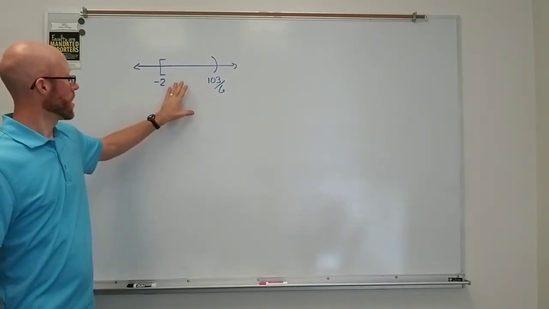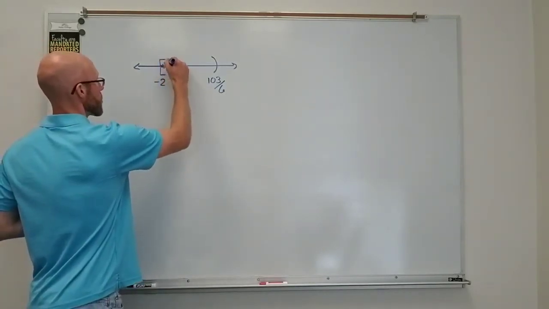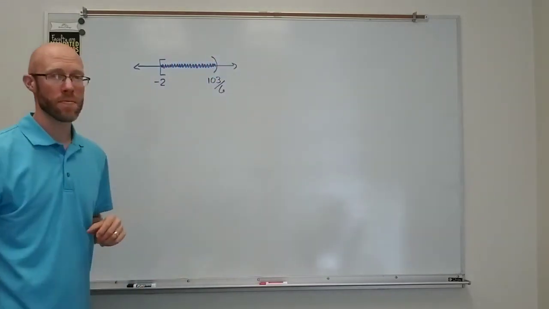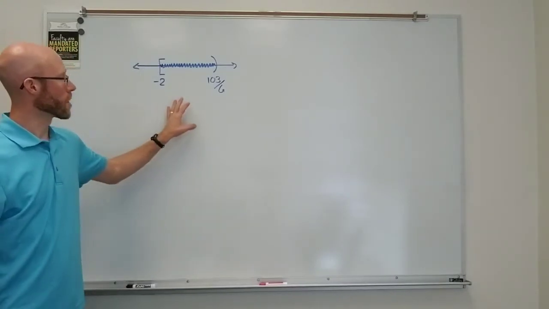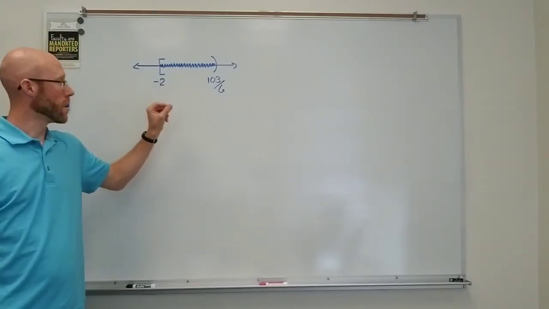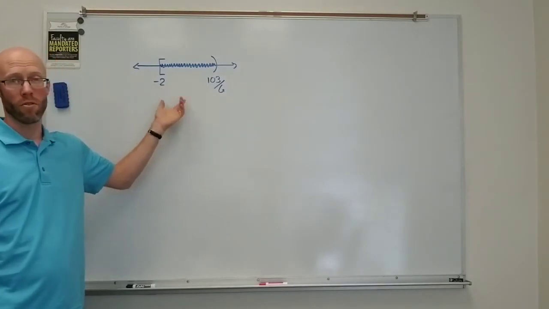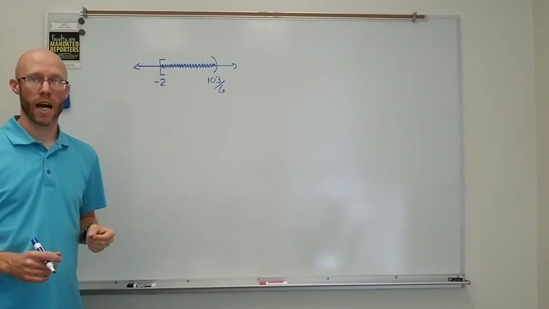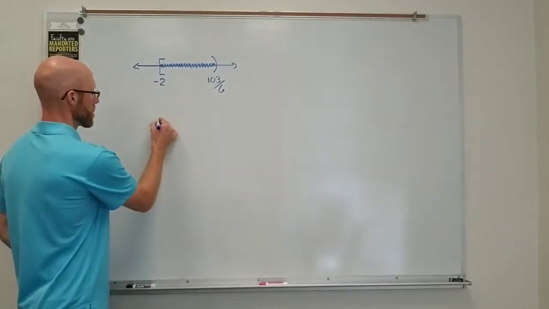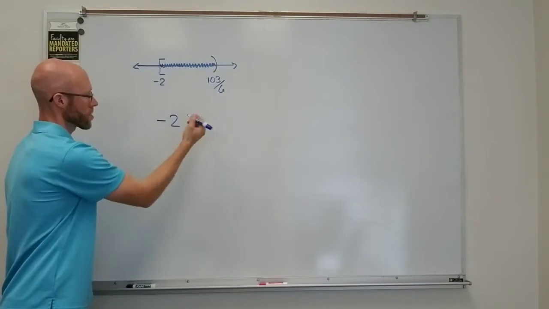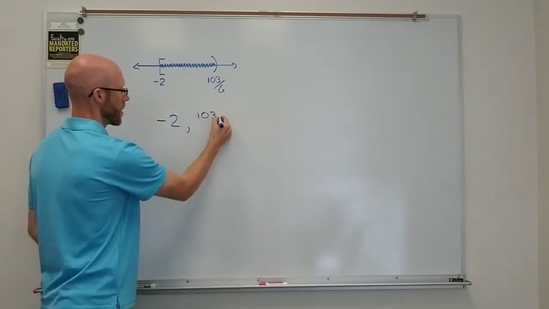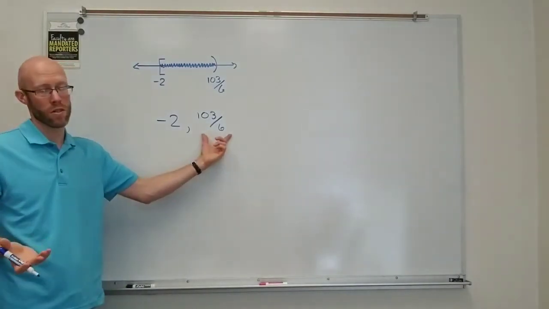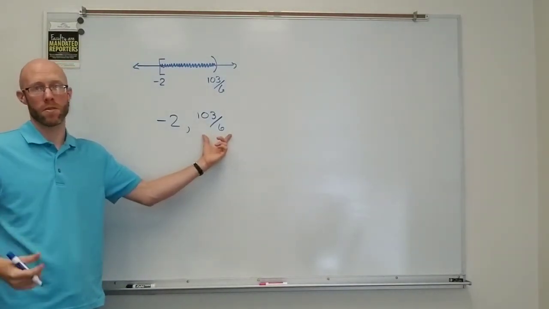And so on this number line, I want to shade in everything in between them. Okay. And so when I write this in interval form, I'm again just going to take the left endpoint and the right endpoint, write them with a comma between them. Again, it doesn't matter the form of the number. This fraction is not a problem. And I'm writing a weird number there because in some of your homework, you're going to be using some weird looking numbers, sometimes fractions, sometimes decimals.